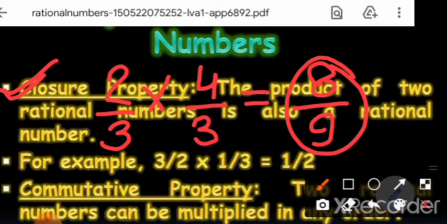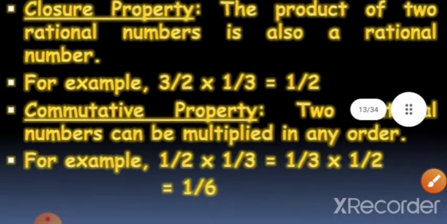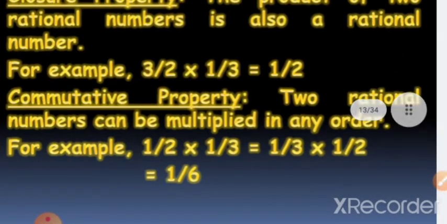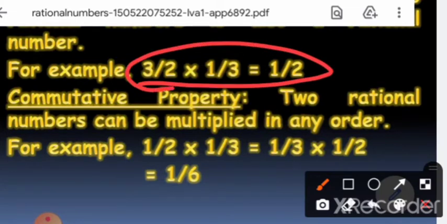So now the next property is the commutative property. This was a closure property. Next is the commutative property. The commutative property is an order based property.